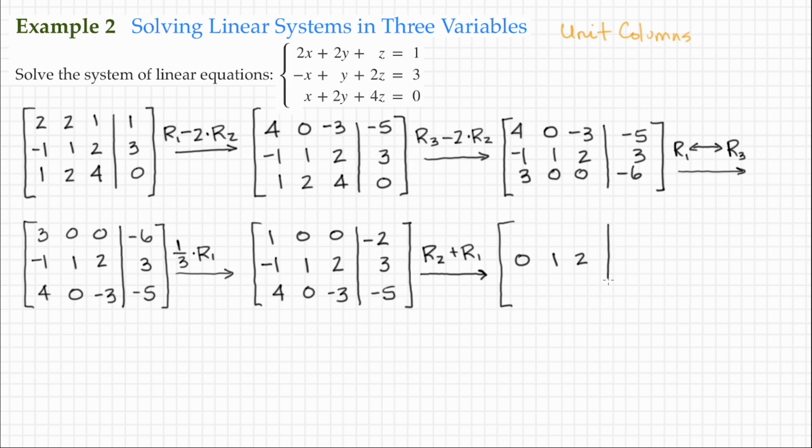Put in our vertical line. 3 plus -2, or in other words, 3 minus 2 is 1. Close off our bracket and fill in the rest of the values. 1, 0, 0, -2. 4, 0, -3, and -5.